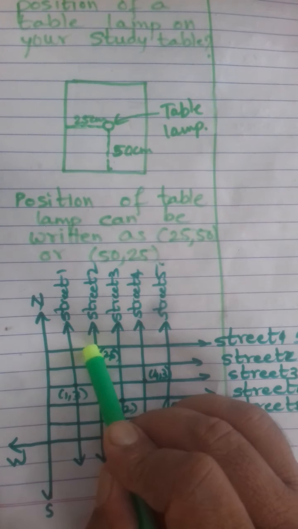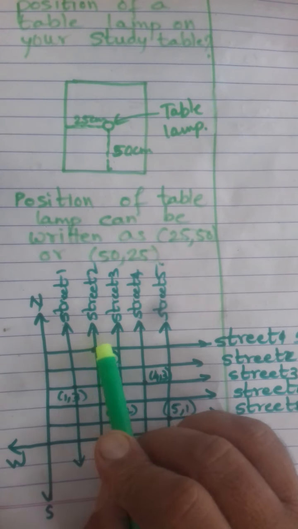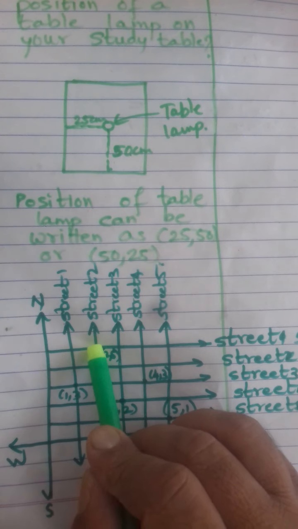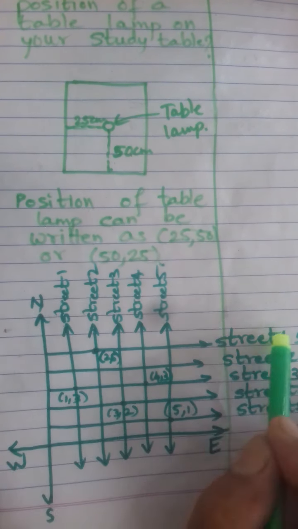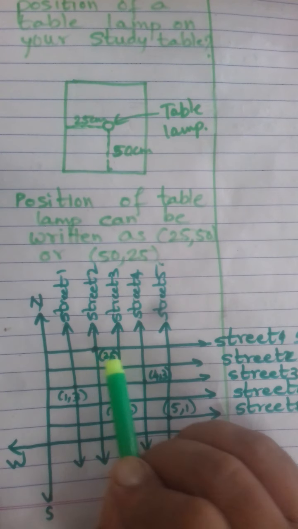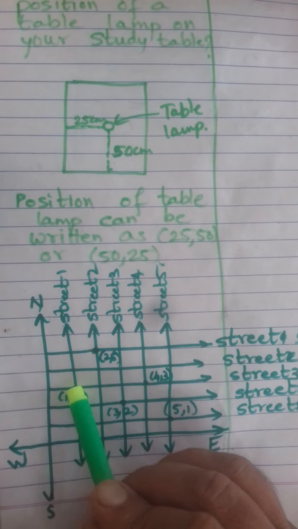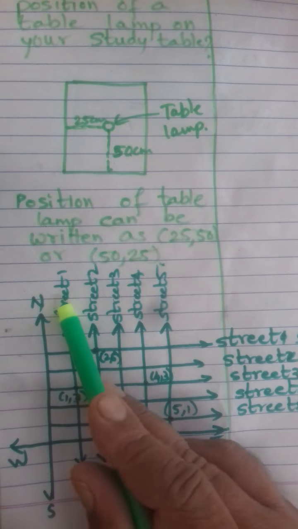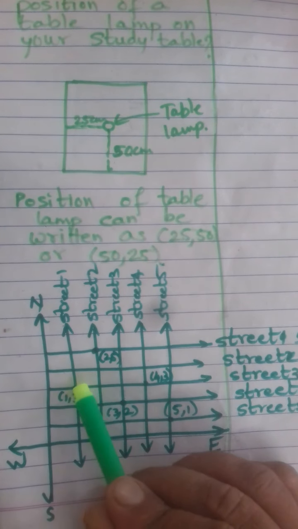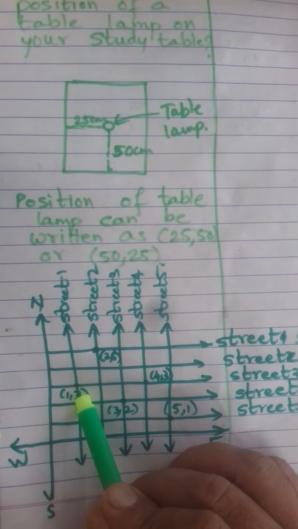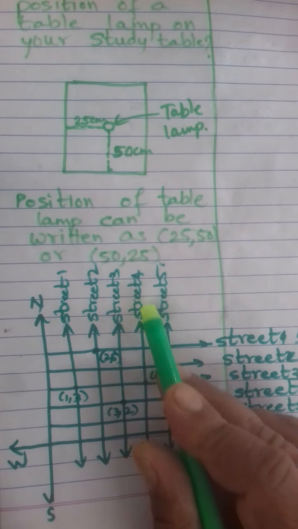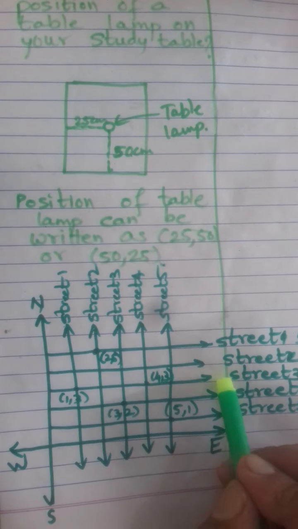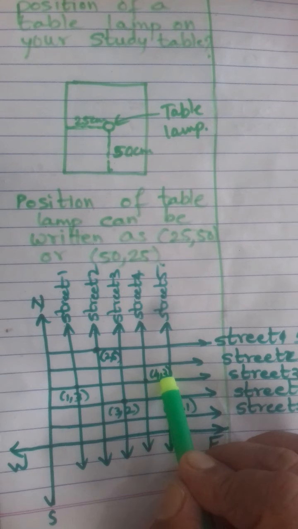Now how can you represent this junction point? This junction point is the intersection between street 2 and street 5, so you can write this as 2, 5. This point is the intersection between the first street and the third street, so you can write 1, 3. This junction is the intersection between street 4 and street 3, so 4, 3.